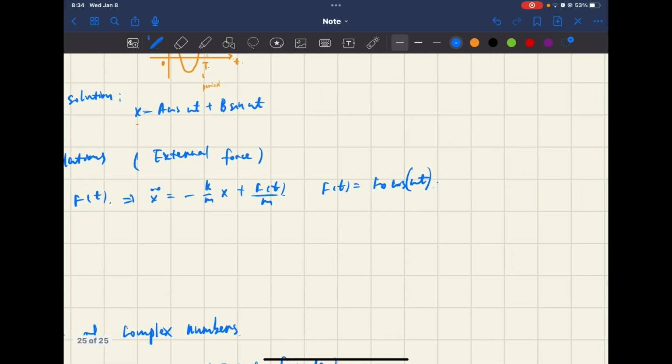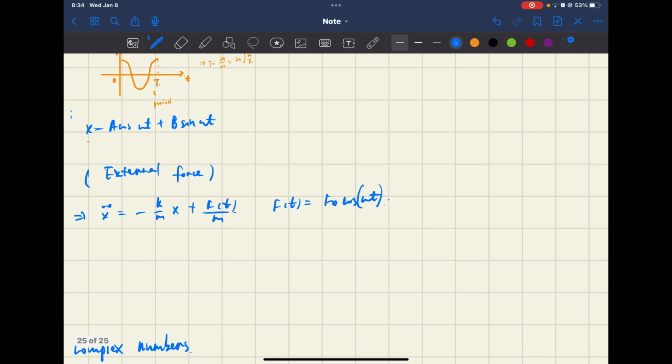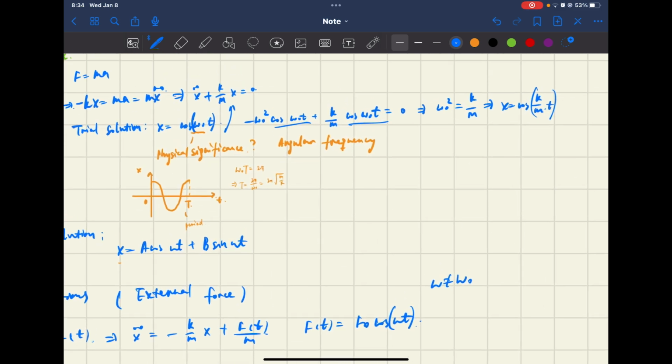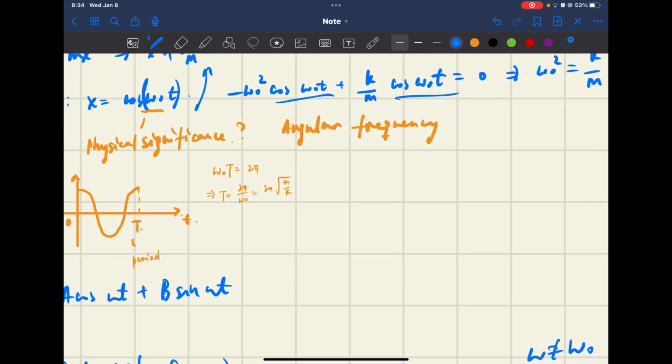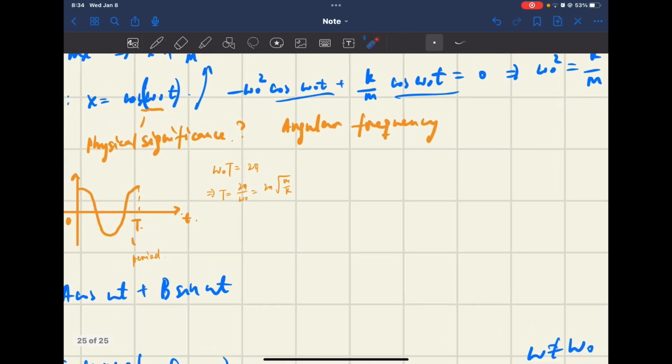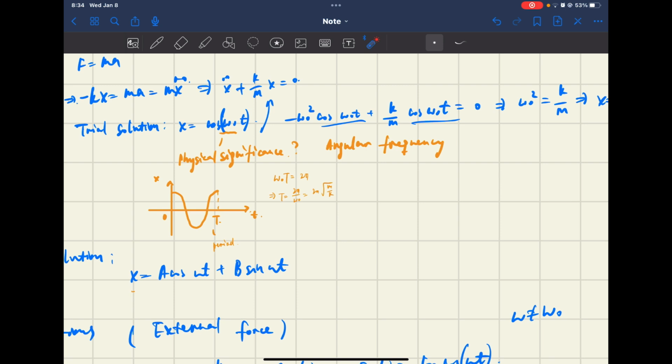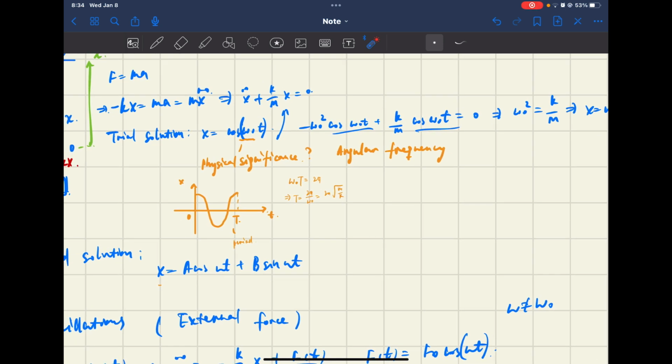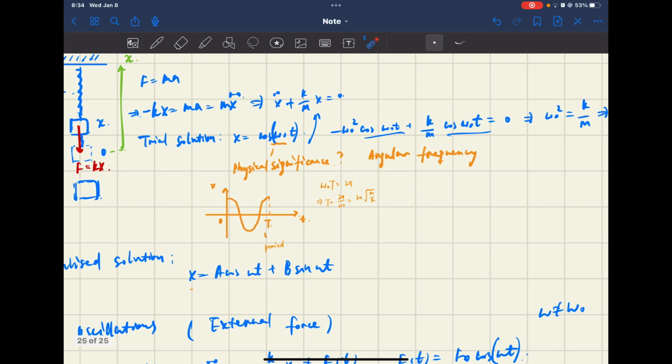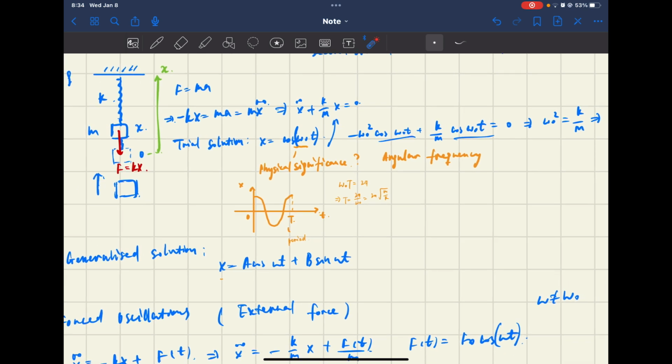We need to distinguish something here. This omega here is not equal to the omega 0 we just talked about in the last case. That one is called the angular frequency. The angular frequency is like a property of the system. It depends on nothing else except the system itself.